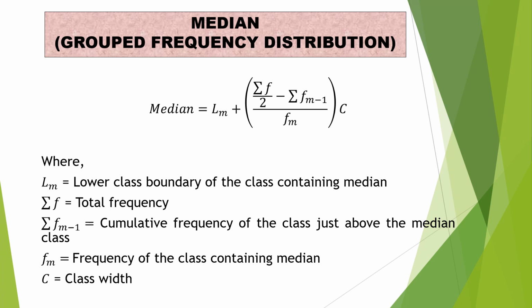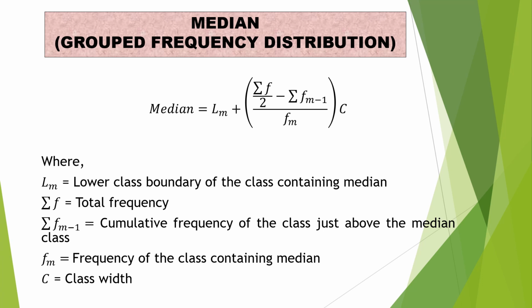To calculate median for group data, you must use this formula: median equals L_M. Here L stands for the lower boundary of the class containing the median, M refers to median, plus in brackets total frequency divided by 2. Why must we divide by 2? Because you want to find the middle value in the data set.